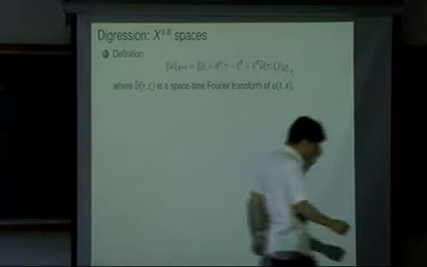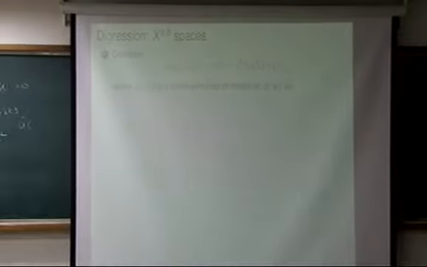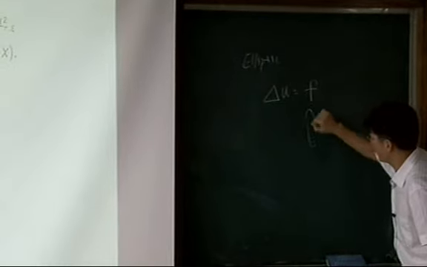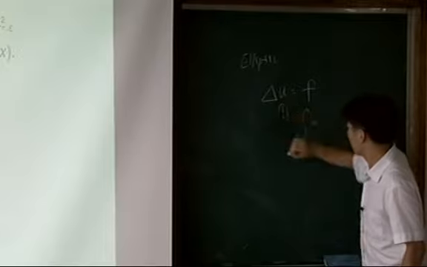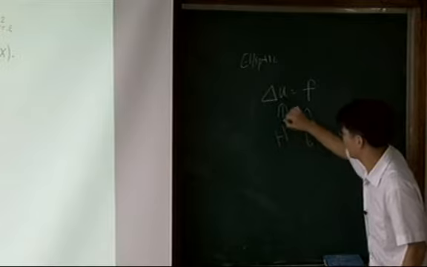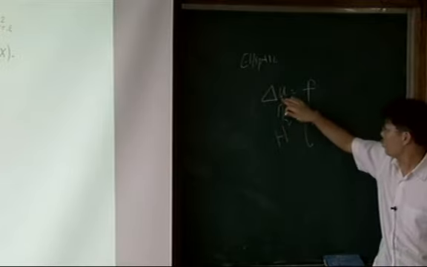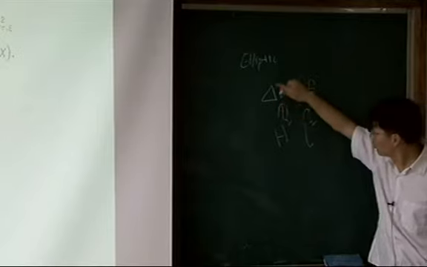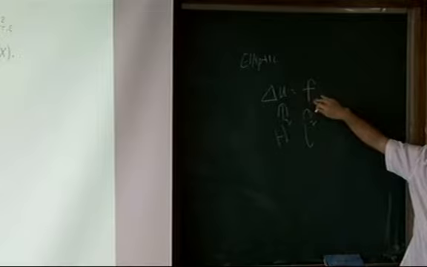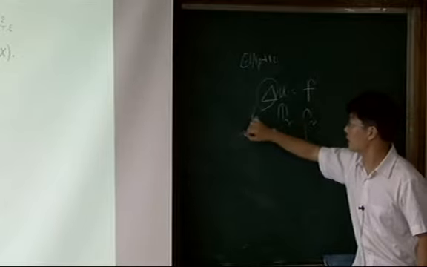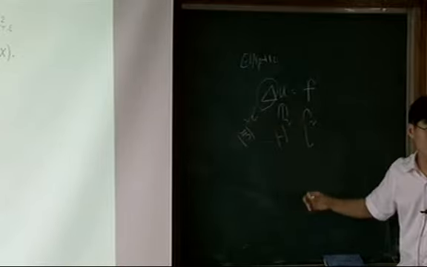So the extra factor just plays the role of the dispersion estimate. Okay. So in the elliptic equation, Laplacian u equals f. Then if f is in L2, by elliptic regularity, u is in H2. So u has two more derivatives of regularity than f. It is because the Fourier coefficient of the Laplacian is just xi squared.